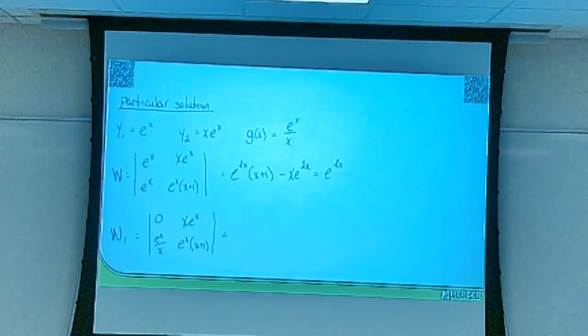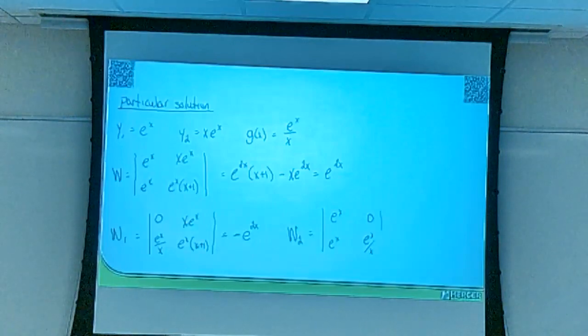And W1, just replace the first column with 0, e to the x over x. Oh, negative e to the 2x. Right, 0 minus x e to the x times e to the x over x. And W2 is just e to the 2x over x.